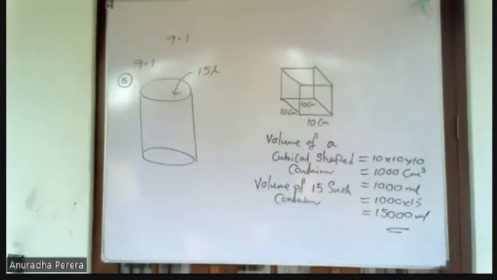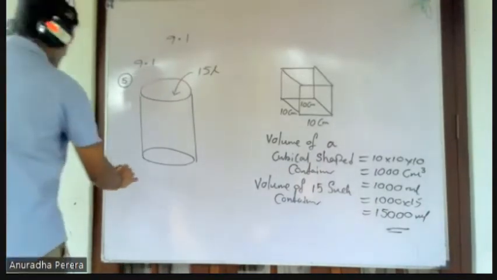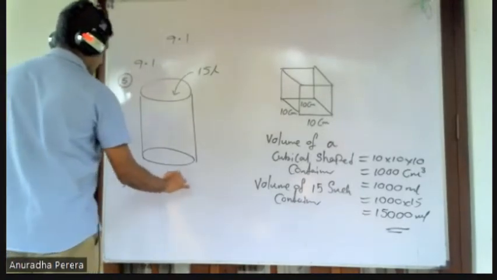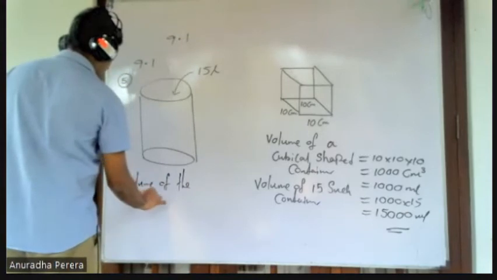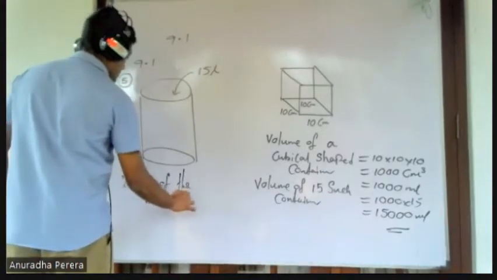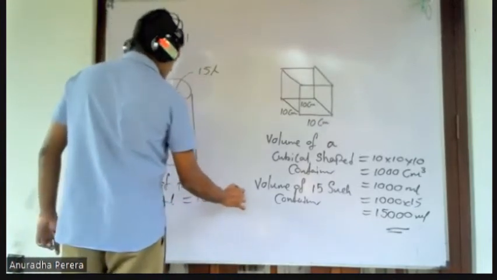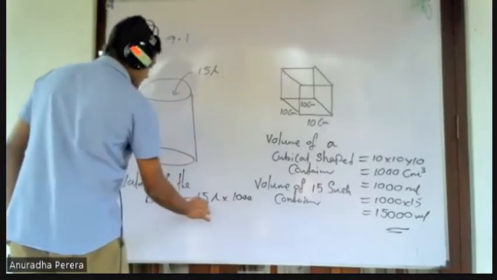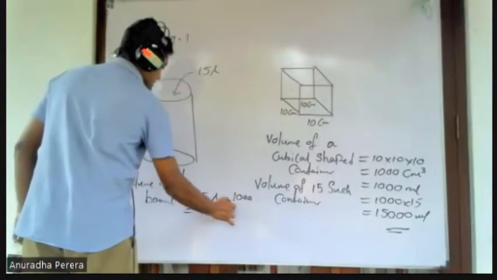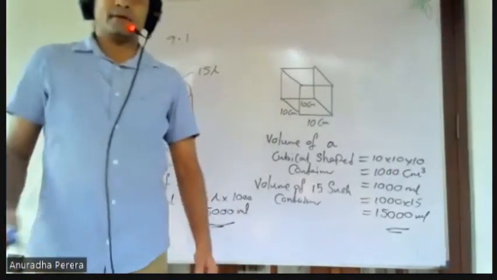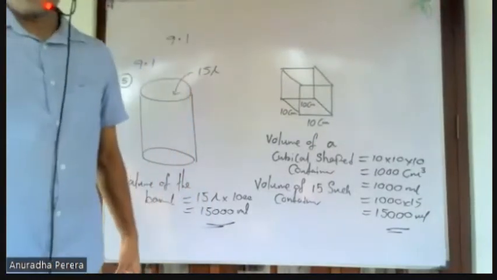The barrel's 15 liters has to be multiplied by 1,000 to convert into milliliters: 15,000 milliliters. These two are equal, right?